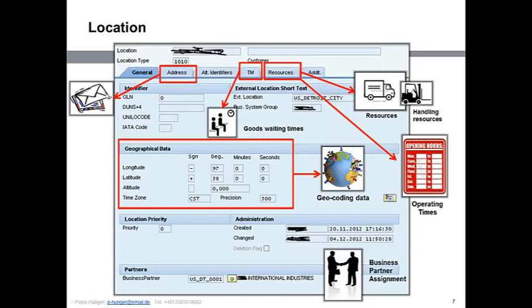It can have resources assigned to it, if certain trucks always start at a certain location. It can also have handling resources like a forklift. It can have operating times, like opening hours when you can actually go there or start from there, which is important for the optimizer, of course. And you can assign a business partner.